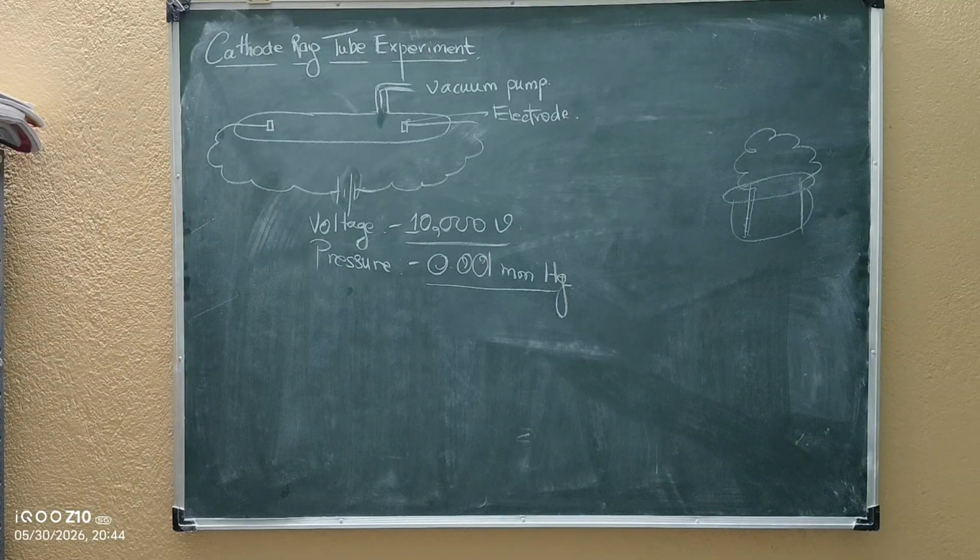To get this pressure, you can understand how much vacuum-like situation we have to create, because in the general case it is 1 atm, or 760 mmHg, and here it is 0.001.